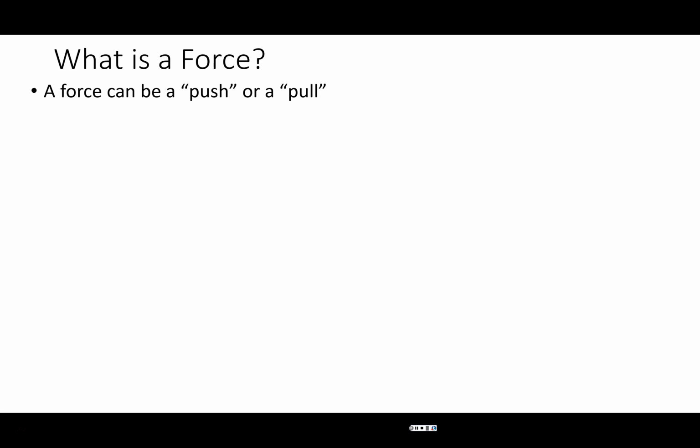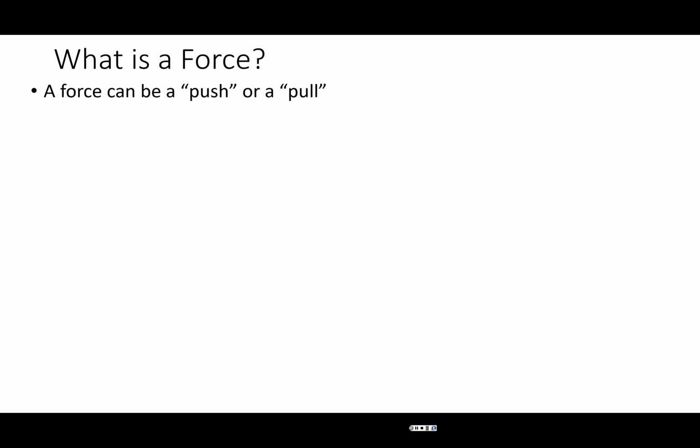If I take this and move this table out here, if I do this, it stopped because of the force of friction in conjunction with the force of gravity. That thing's being pulled towards the center of the earth, just like we all are. So friction and gravity made that stop.